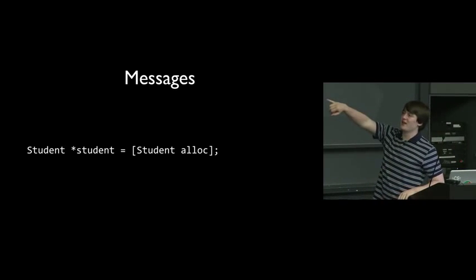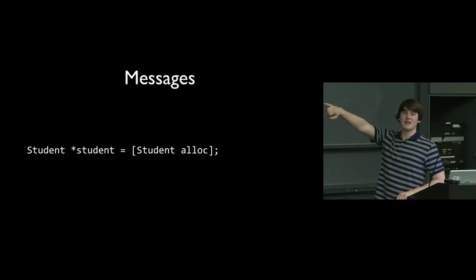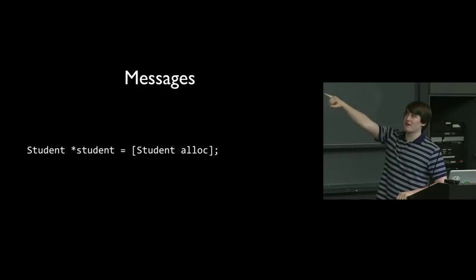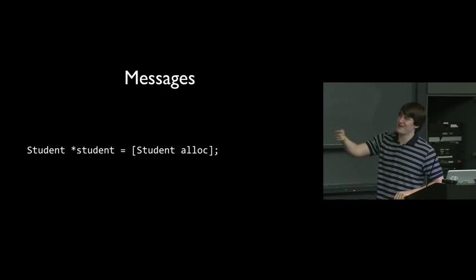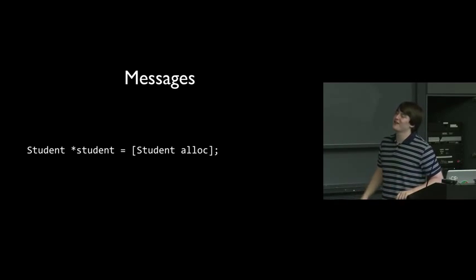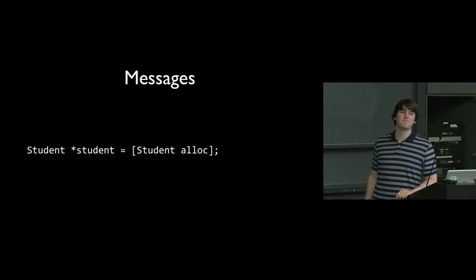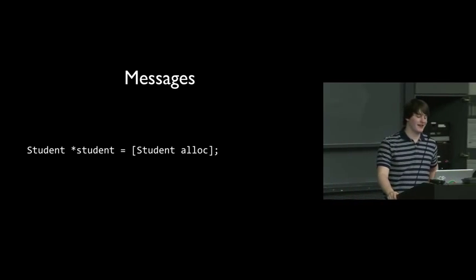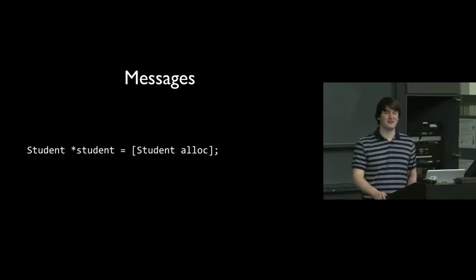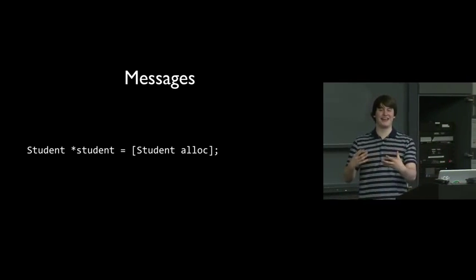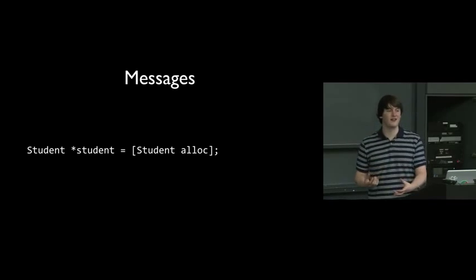And here we're saying the Student class has a method called alloc, so send to the Student class that method, invoke that method, and that is supposed to return a Student star. This alloc is going to be pretty much everywhere. Whenever you need to allocate an object, you need to do some sort of alloc.